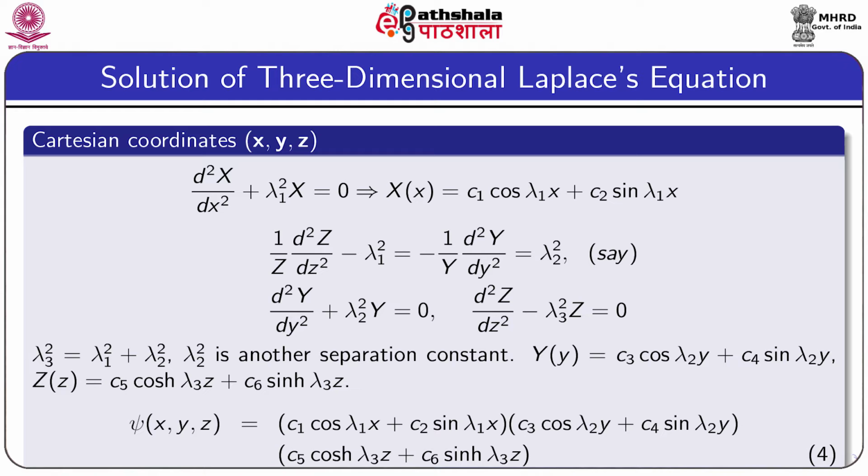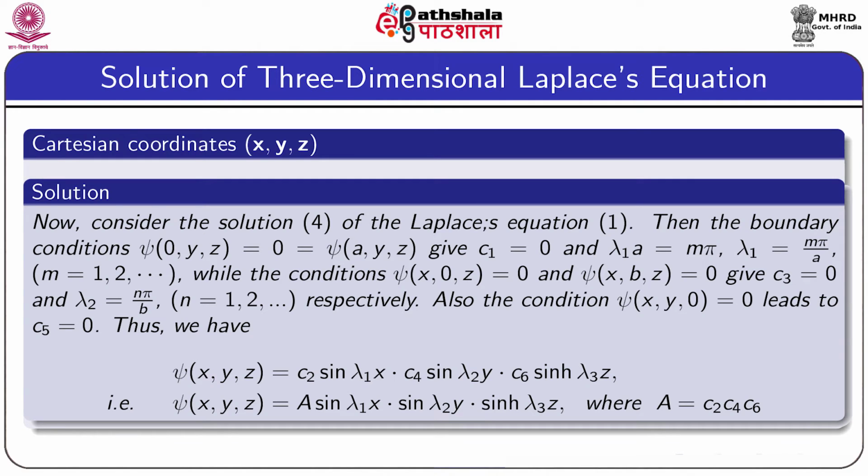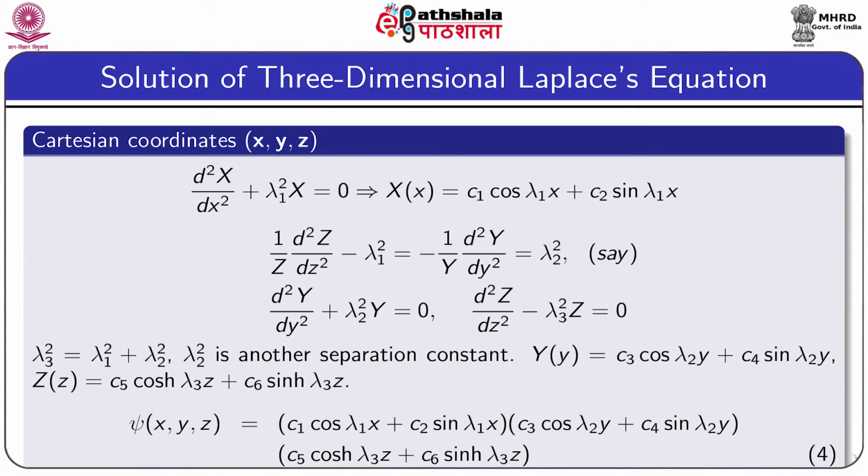So, psi at y equals 0 implies C3 equals 0. In a similar way, if we apply the boundary condition psi at y equals b equals 0, then it will give sin lambda 2 b equals 0. With a similar argument, we can say that C4 cannot be 0, otherwise it will give a trivial solution.